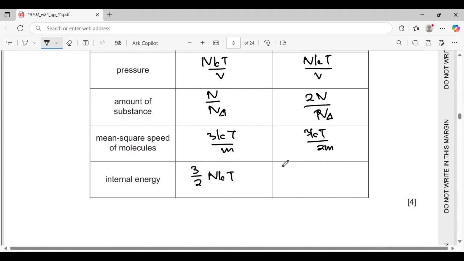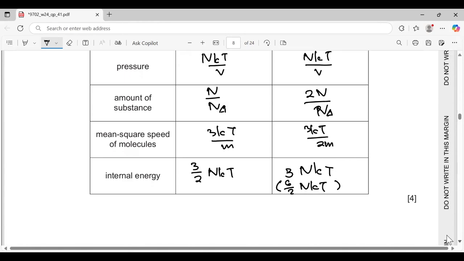Sample Y, UY is 2 times UX because it has 6 degrees of freedom. 6 over 2, or 6 halves, equals 3. So it is 3NkT, or 6 halves NkT, like this.